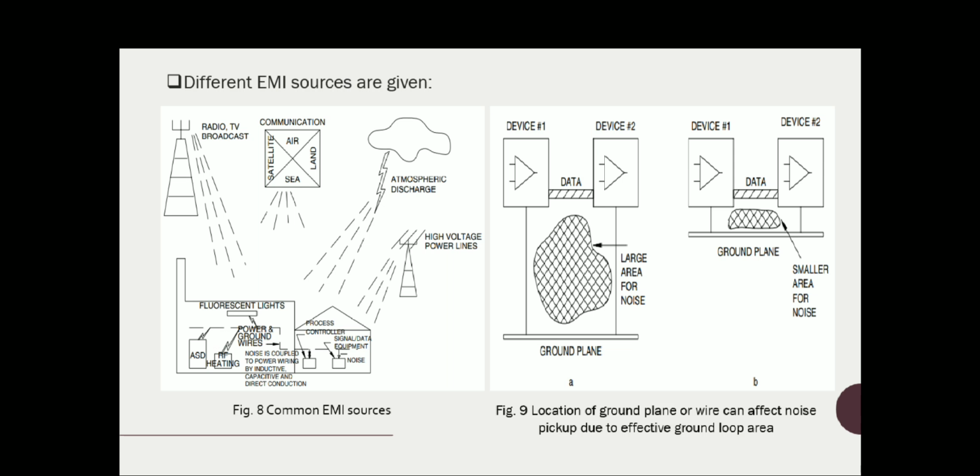Here you can see common electromagnetic interference sources in a pictorial representation: radio, TV broadcast, communication, then atmospheric discharge, then high voltage power lines, etc. And another figure shows the location of the ground plane or wire, which can affect the noise pickup due to the effective grounding loop area.